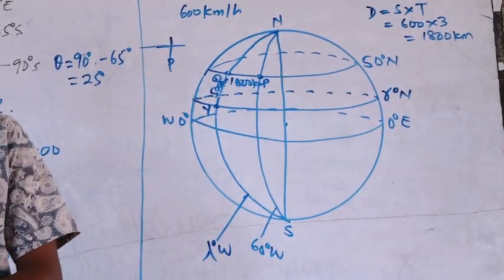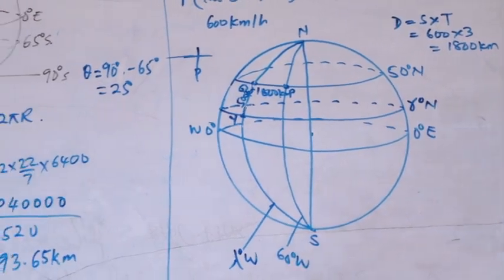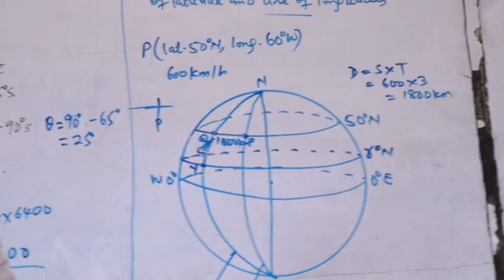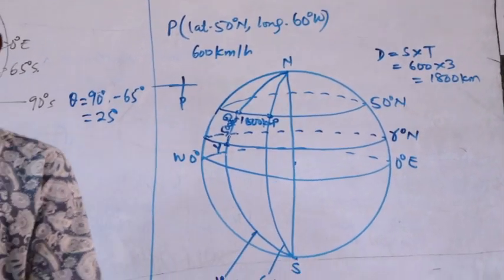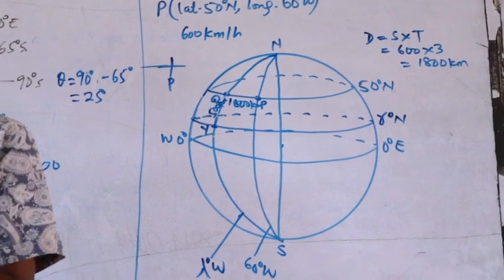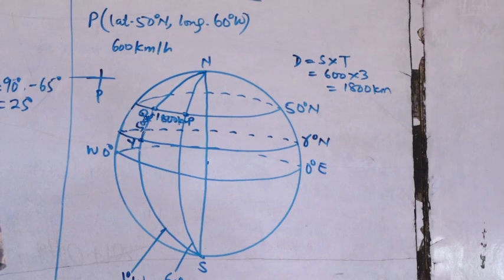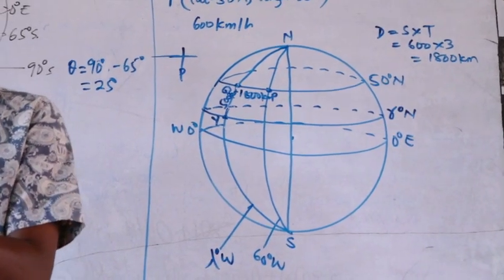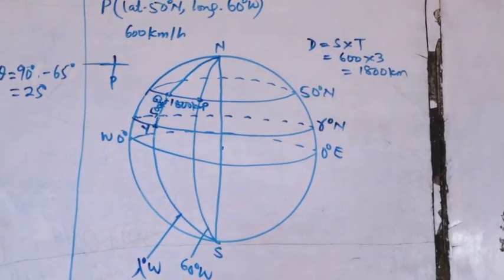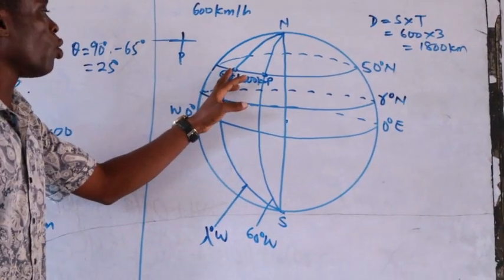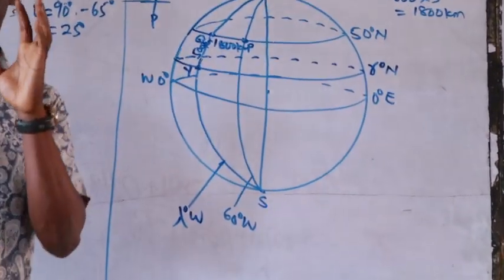But if you look at that first question, where we are asked to find the longitude of Q, don't say that because we are asked to find the longitude, that is a great circle and you are going to use theta over 360 times 2 pi big R. No. The positions of P and Q will determine the formula we are going to use.